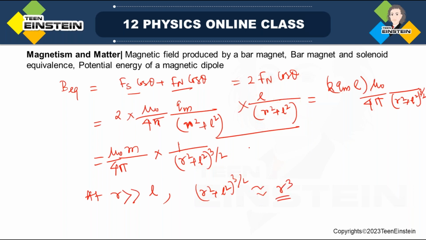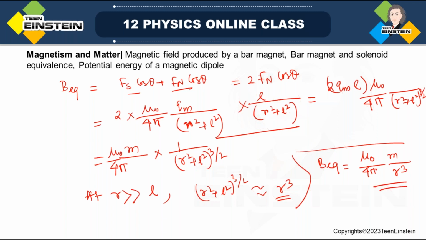So this equation now becomes mu 0 by 4 pi, m divided by r cube.